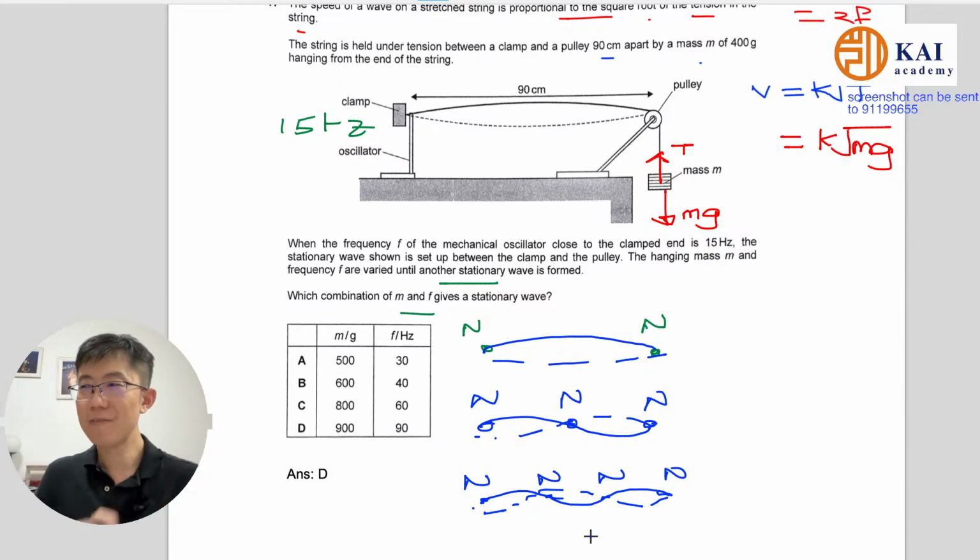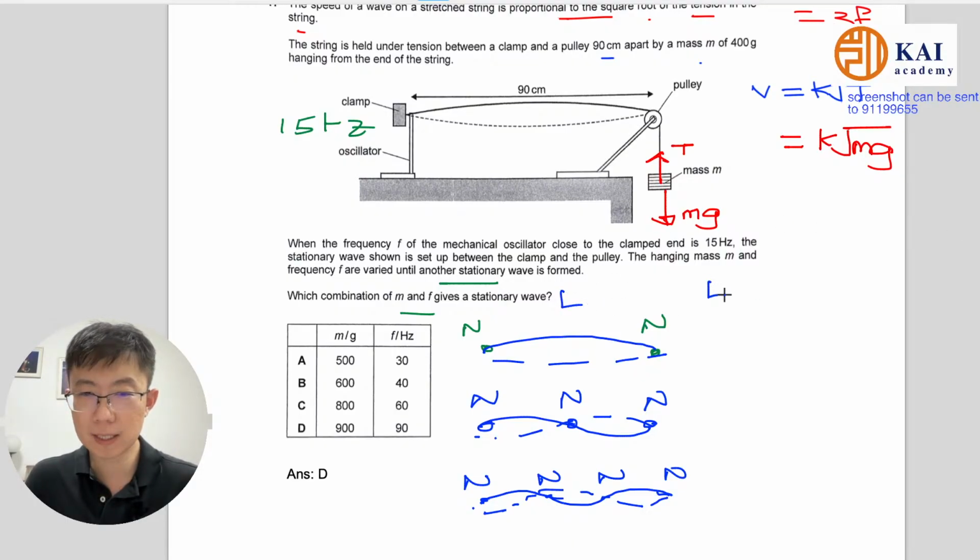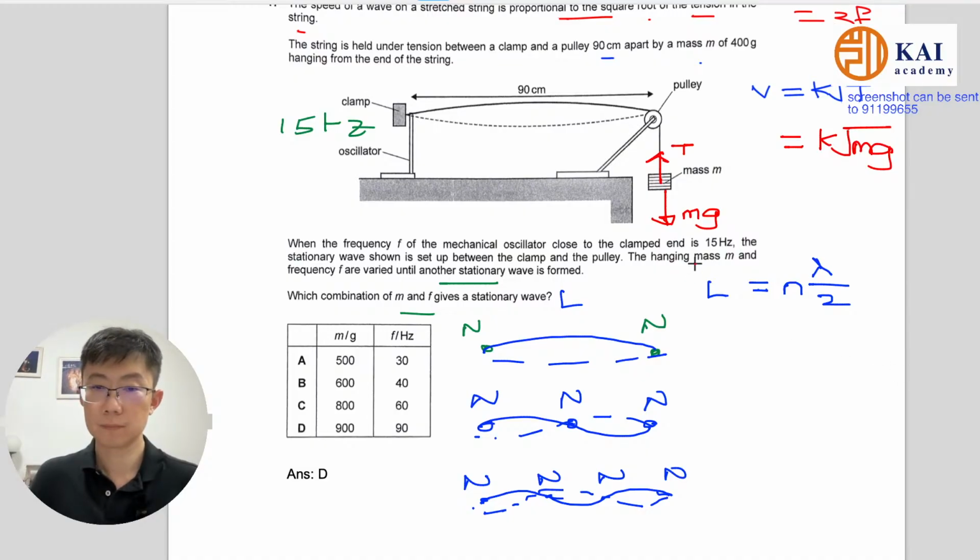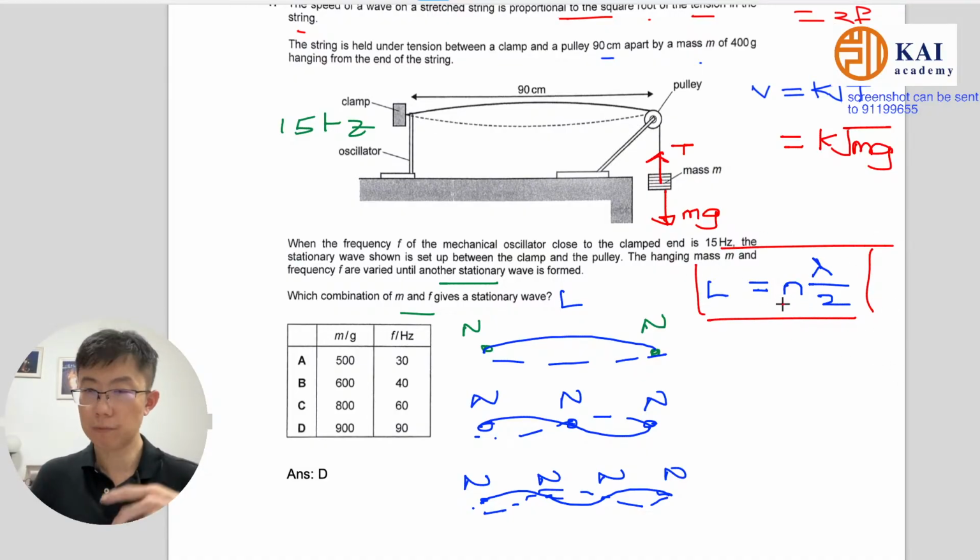Every loop is half a wavelength because it's between node and node. So I can generalize it like this: the length of the string must be an integer multiple of loops, each of which is half a wavelength. Okay, so this is the key relationship that governs the pattern on a stretched string.